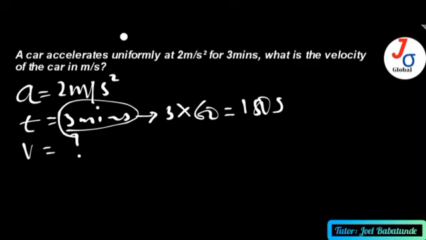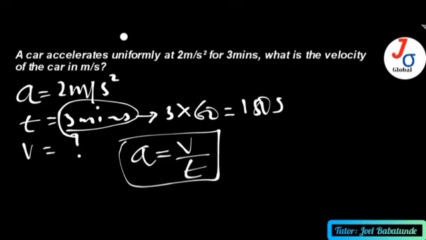What's the formula for acceleration? The formula for acceleration is V over T. We're using the basic formula. We're looking for velocity, so you can cross multiply, and we have V equals A times T.